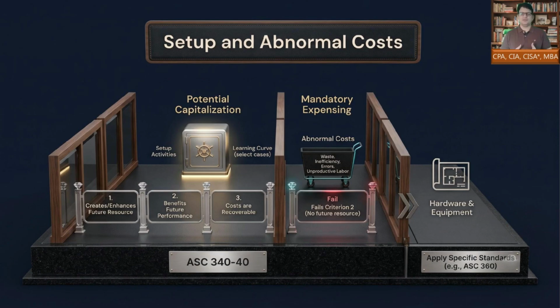Hardware and equipment usually belong under ASC 360 as property and equipment, not under ASC 340. Abnormal waste and unproductive labor are expensed as incurred because they do not create or enhance future resources. In simple terms, normal setup may qualify, but waste does not get a promotion to asset status.